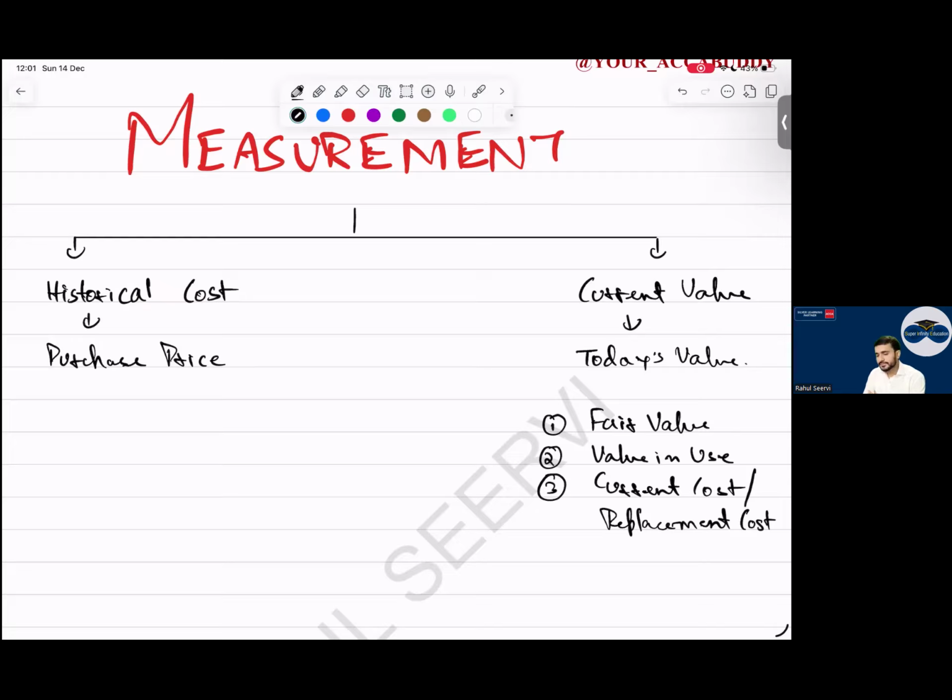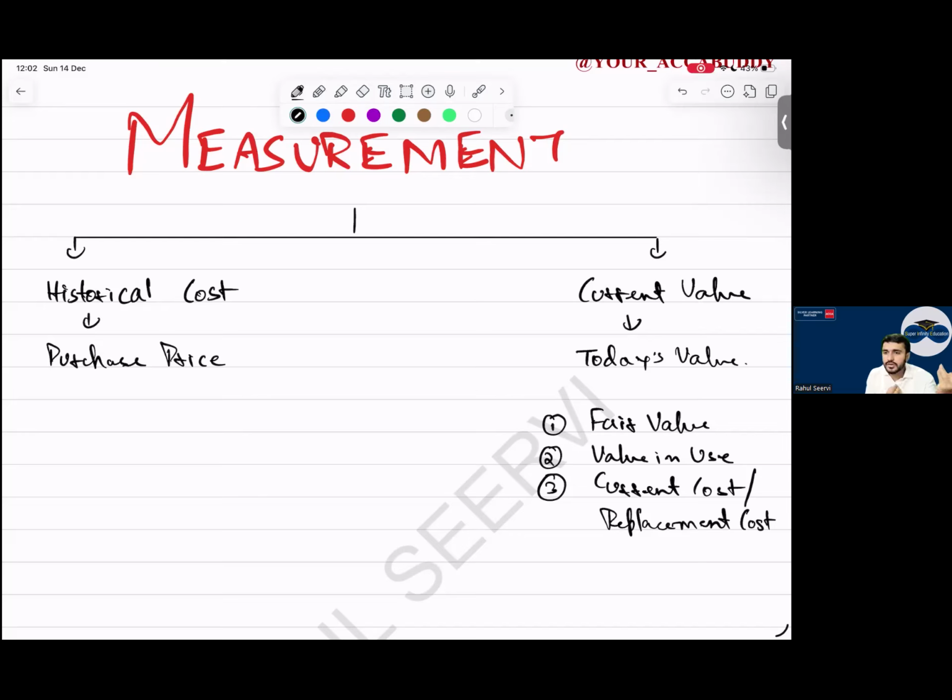Because it meets the definition of an element, and it meets the criteria of relevance and faithful representation. Can I say I should recognize an element when it provides faithful representation or useful information? Sir, if I'm purchasing cryptocurrency, I should show this as an asset because it will provide useful information to the stakeholders. Is there any uncertainty regarding the measurement?